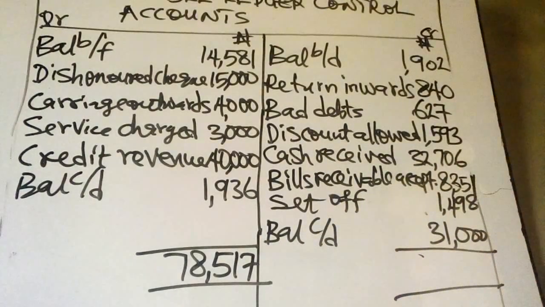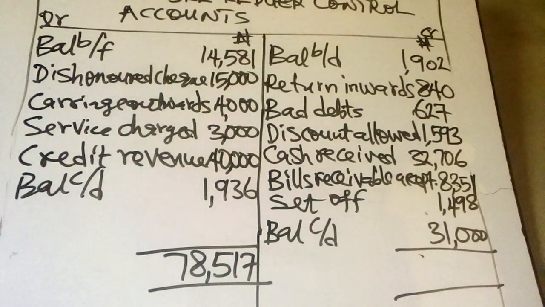Now the credit side, you have 1,902, you have 840, then we have 627, we have 1,593, we have 32,706, we have 8,351, we have 1,498, and then we have 31,000.